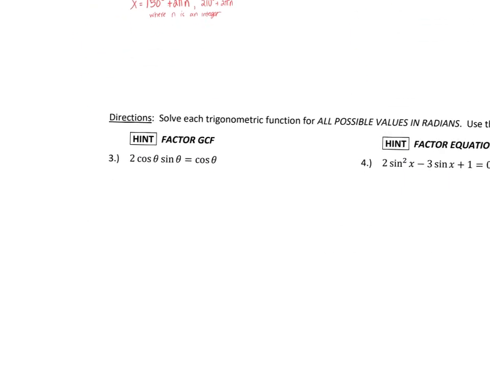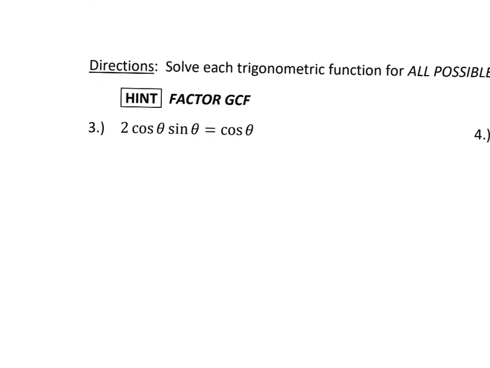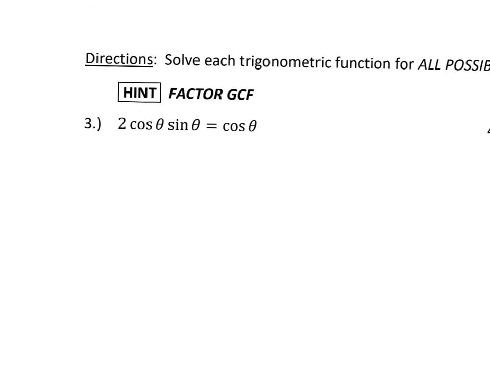Okay. Number 2, now we're solving all possible values, but in radians, okay? So, we are going to use the strategy of factoring a GCF here, okay? So that means there's something that's common between two or more terms.